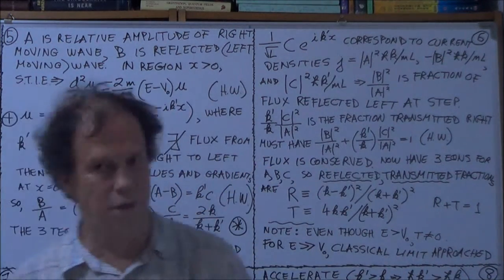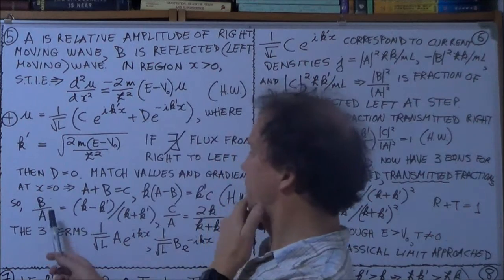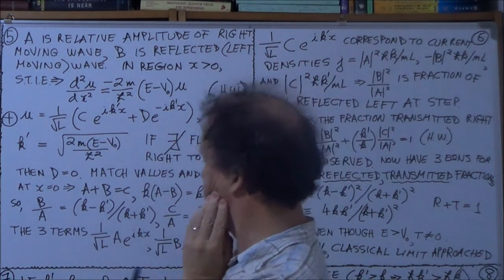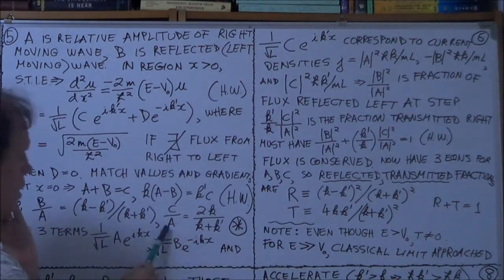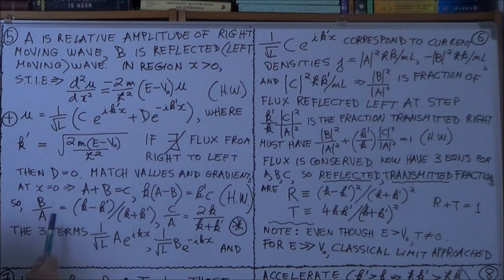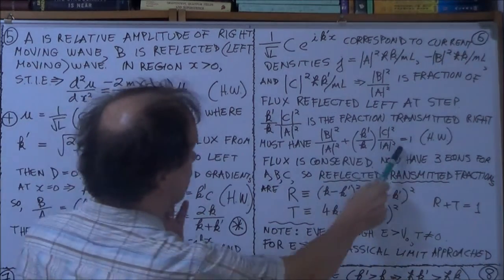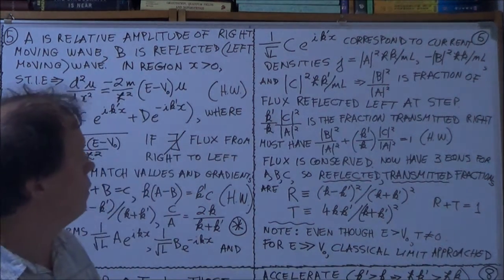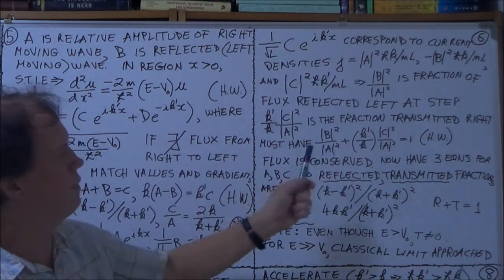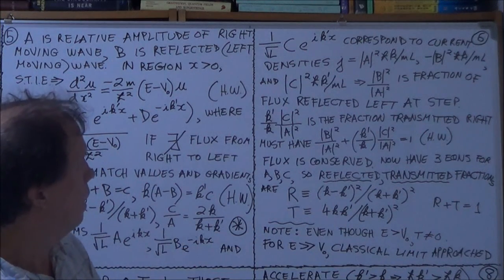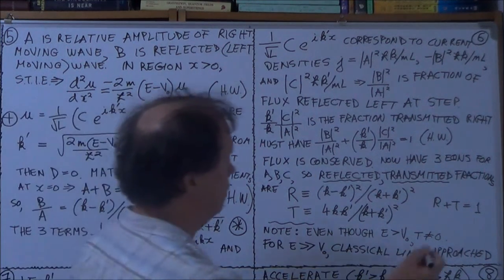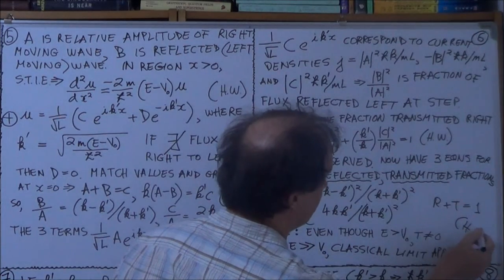And you have two others. Here's an equation involving B and A, and here's another equation involving A and C. So you've got one, two, three equations for A, B, and C in terms of K and K dashed. So solve those. I should do that. Okay, also homework.